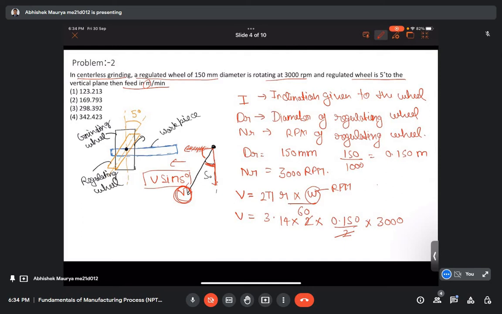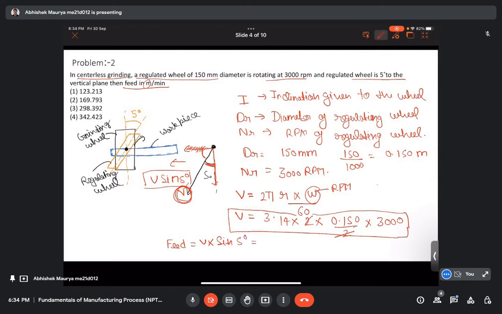So now we got the v value, but we have to find out the feed. In order to calculate the feed, we have to do v multiplied by sine of 5 degrees.